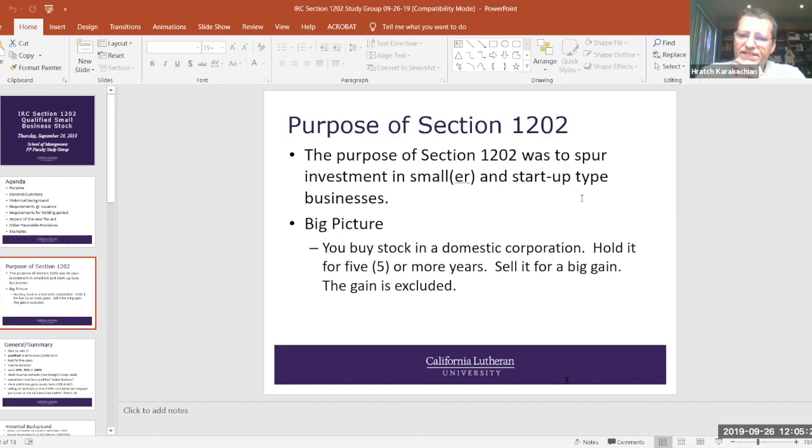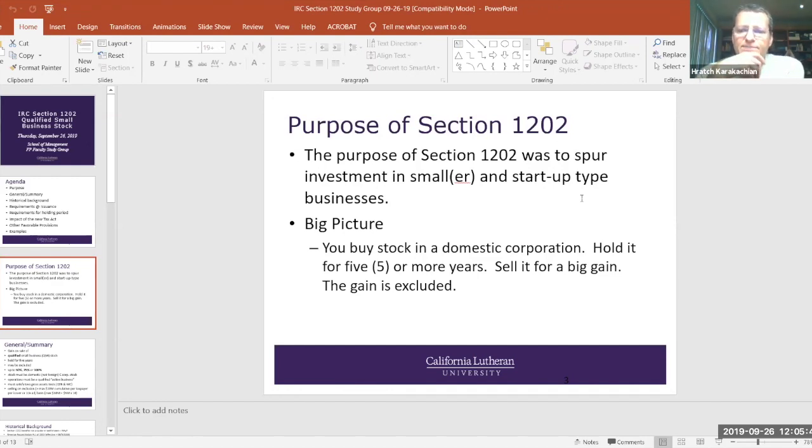From a big picture standpoint, and I'm going to get into a lot of tax legal detail here because it's very rule oriented, but let me give you the big picture so you can keep that in the back of your mind. And if you're working on any projects or if anything comes up in this area, you can use this as your, I guess, one line or one sentence summary.